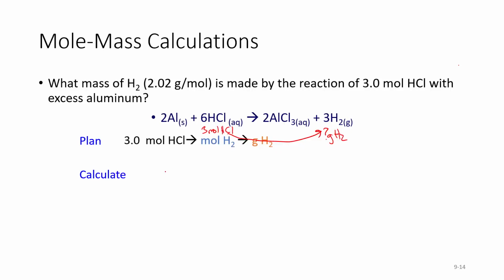So now we're going to calculate this. 3 moles of HCl. Because we have moles of HCl on the top, we're going to put that on the bottom. Looking at that flow chart, because we're starting with moles of substance A, we can go directly to moles of substance B. So we're going to go to moles of our new substance, substance H2.